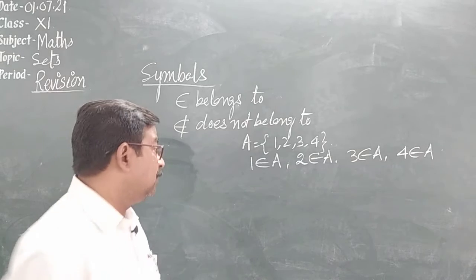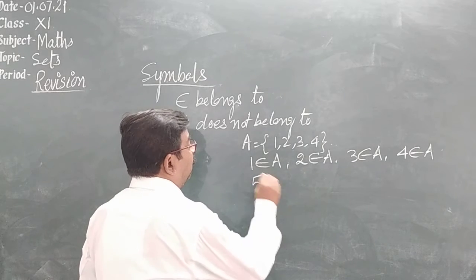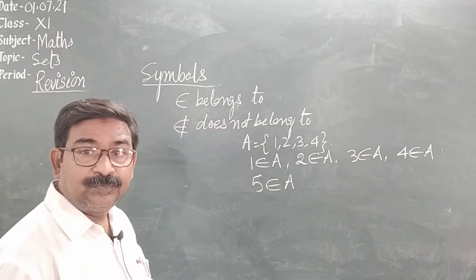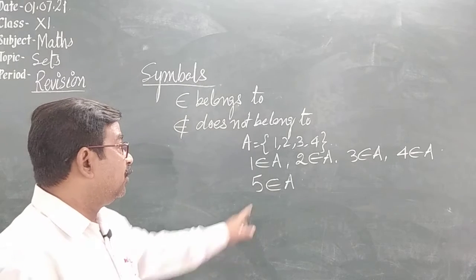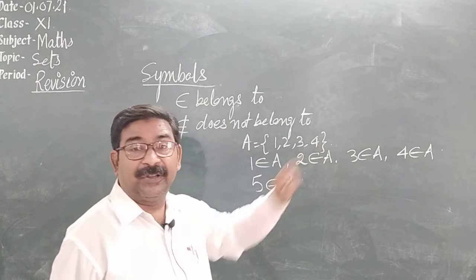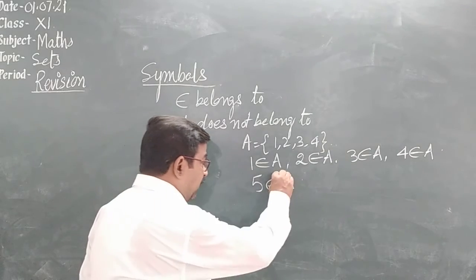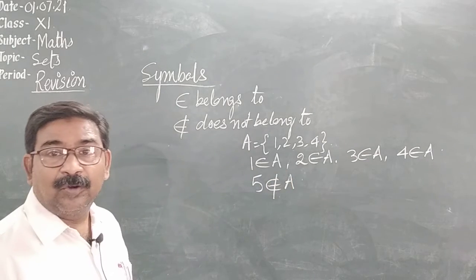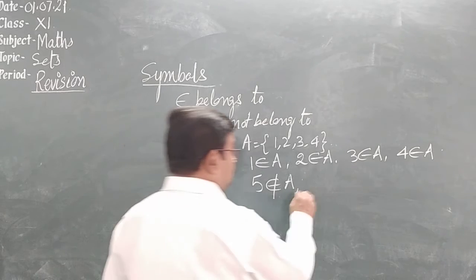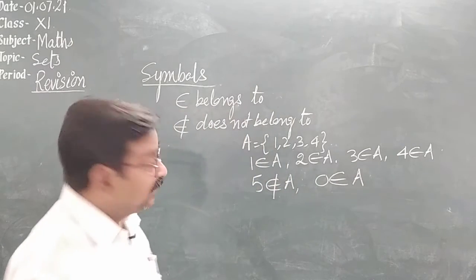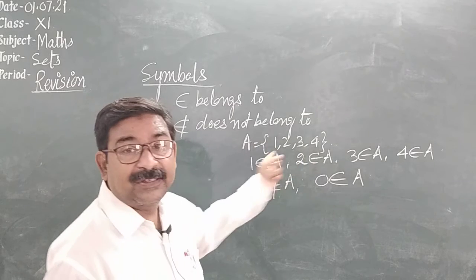Suppose I am writing 5 belongs to A. Is it correct? No, because 5 is not found in the set. Element 5 is not there, so we write 5 does not belong to the set. Suppose we write 0 belongs to A. Check whether 0 is found in the set or not.